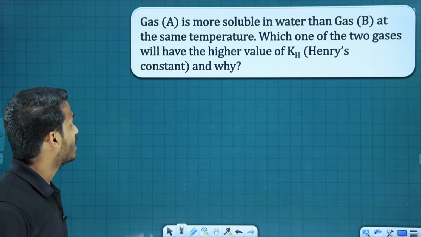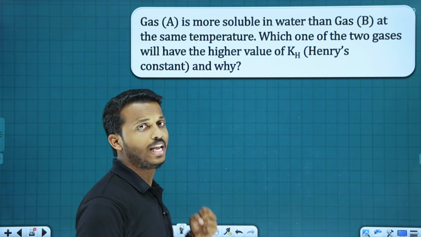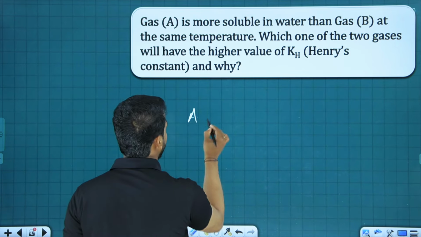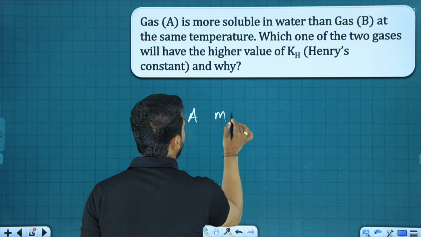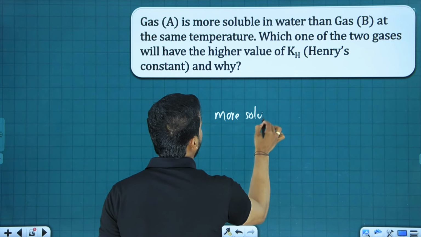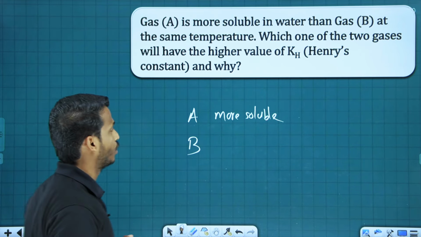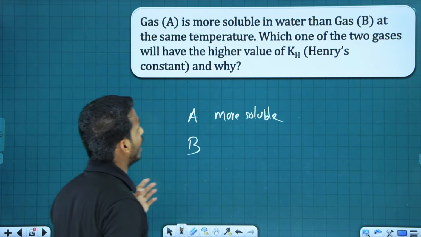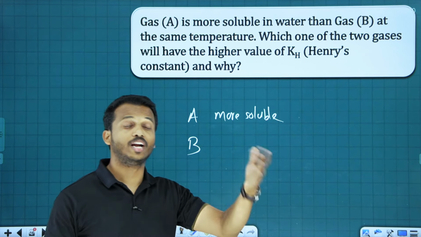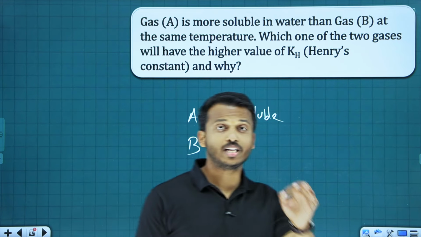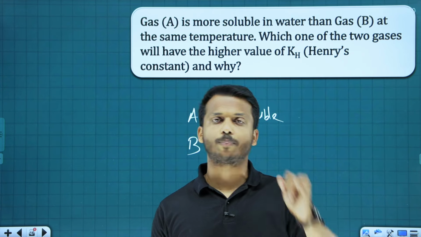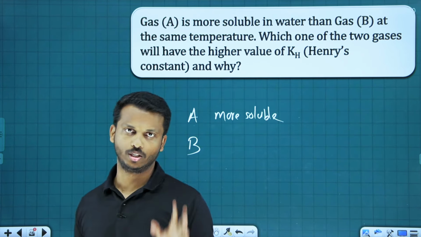Next. Gas A is more soluble in water than gas B at the same temperature. Which one of the two gases will have the higher value of Henry's constant? You know, Henry's constant is inversely proportional to the solubility of the gas.